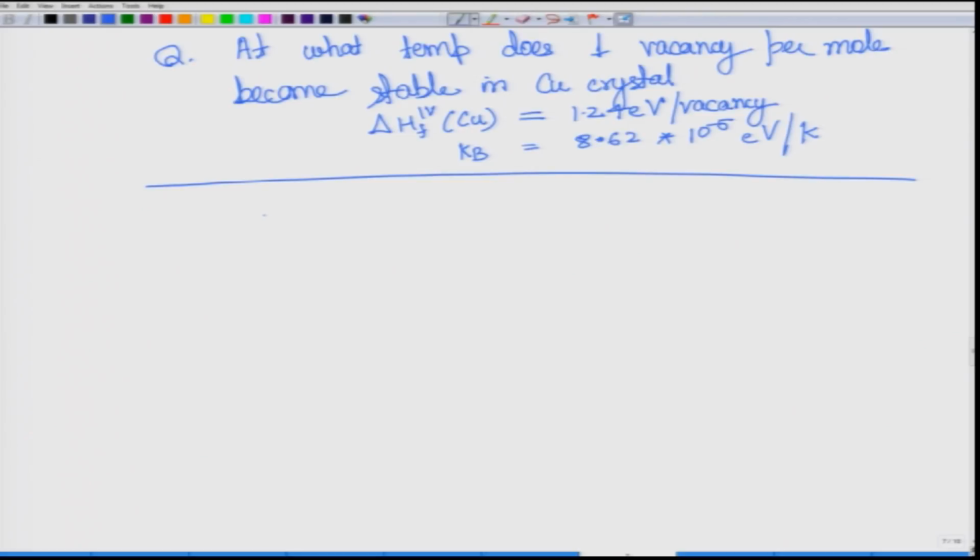Okay. So, this is talking about an equilibrium concentration. At what temperature does 1 vacancy per mole become stable? So, thermodynamically stable. So, it is an equilibrium concentration. What is the equation for equilibrium concentration? If you remember, it was x1V is equal to n by Na. Why are we taking Na? Because we are talking about 1 vacancy per mole.